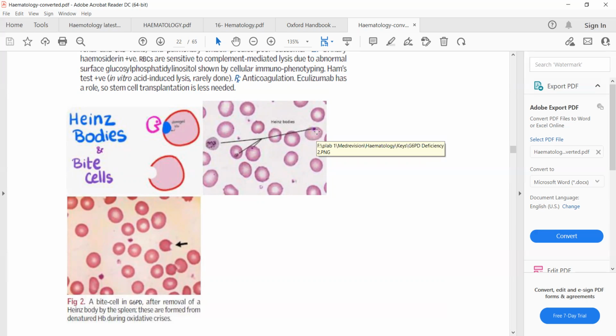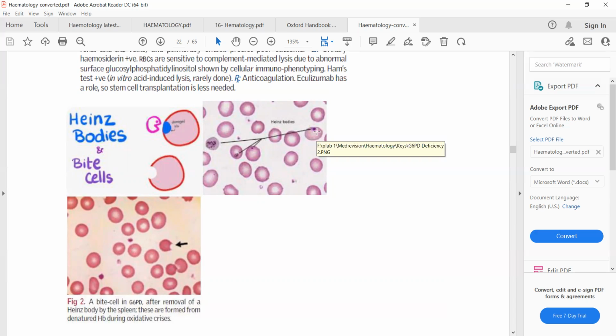These blue dots are basically denatured hemoglobin, and they are called Heinz bodies, and they are present in drug-induced G6PD deficiency on a peripheral blood smear.